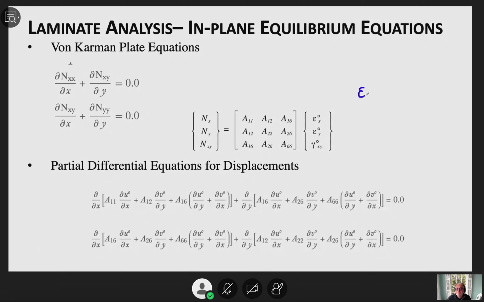So epsilon x by linear elasticity is partial u partial x, okay, and then epsilon y is partial v partial y, and gamma xy is partial u partial y plus partial v partial x.